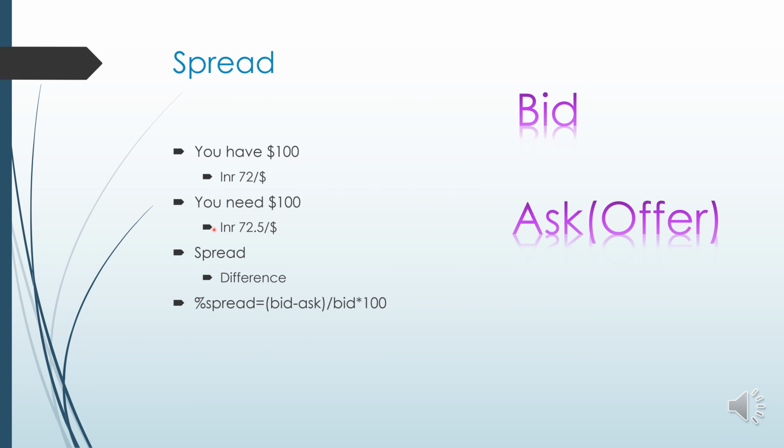Now let's try to understand spread with an example. Suppose you have $100 in your hand. When you want to sell the $100, the bank will take it at the bid price. Let's say 72 rupees per dollar. Now, in a situation where you want $100, the bank will sell you the $100 at the offer price.